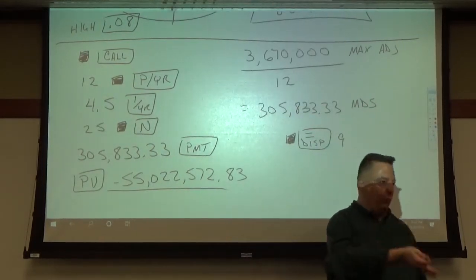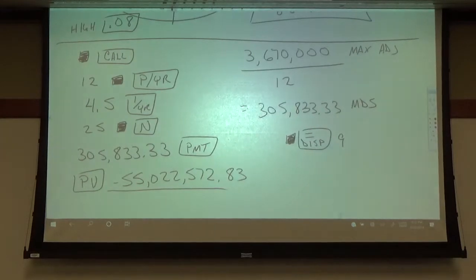And the reason is purely due to rounding, so don't get hung up on that. That's not gonna make the problem right or wrong in terms of the answer. Okay, so everybody good up to that point? All right, now let's take a look at the next piece of this.